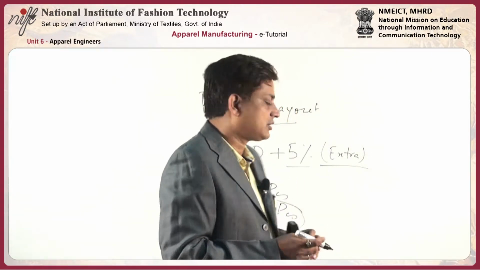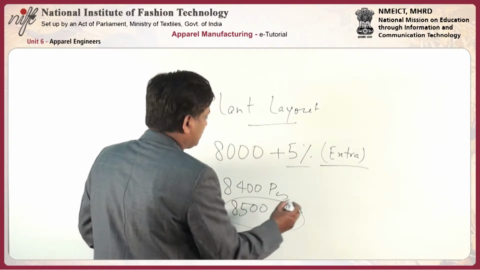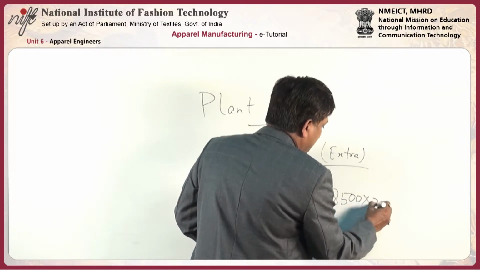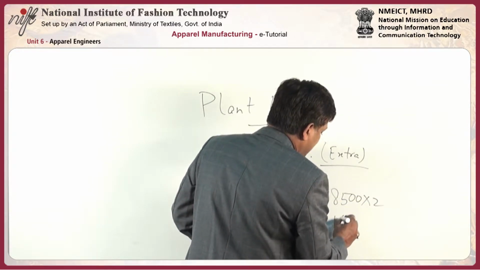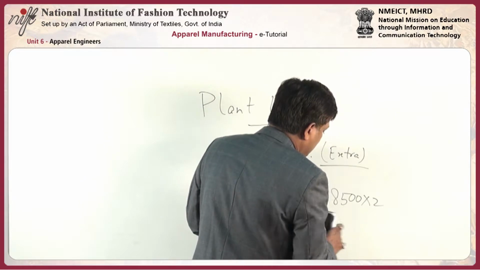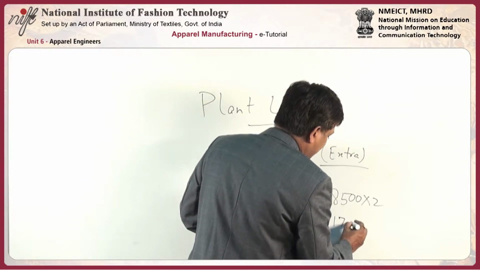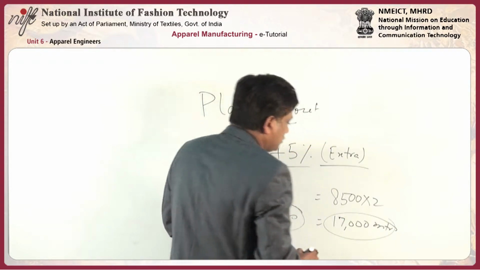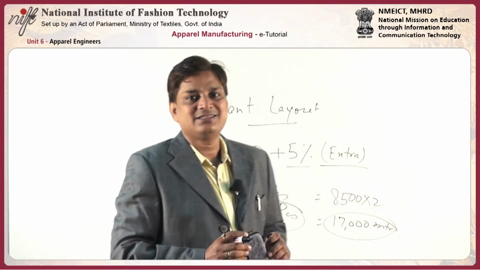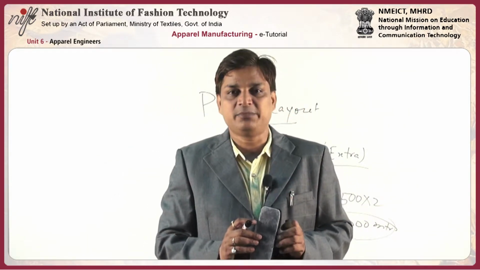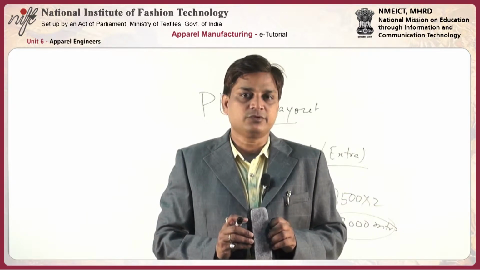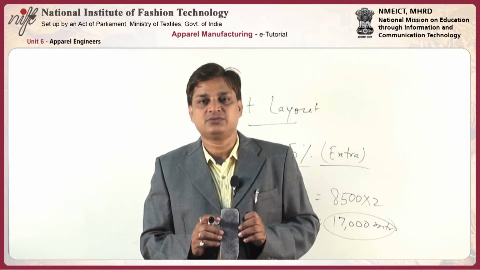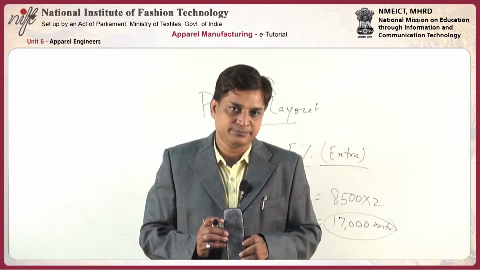So the total fabric required to cut 8500 pieces is 8500 multiplied by 2, which gives the total meters of fabric required per day in the cutting room. 8500 into 2 is around 17,000 meters of fabric required per day in the cutting room for smooth cutting of the required number of pieces.